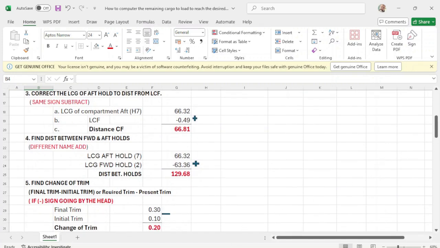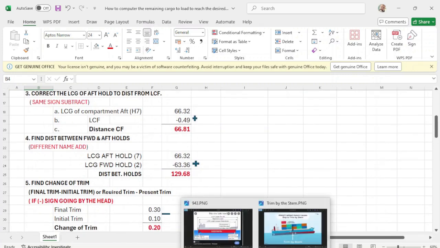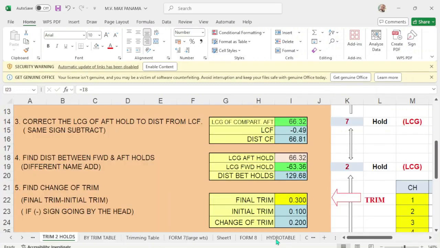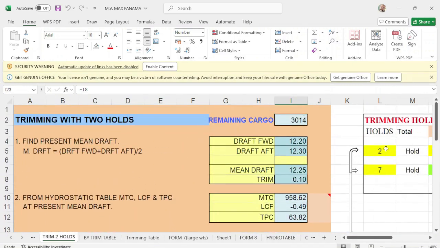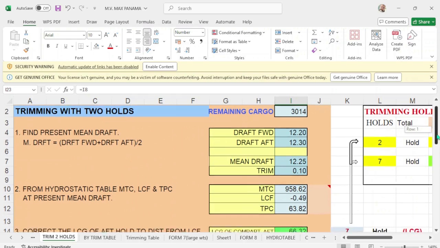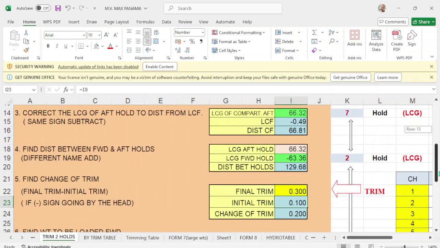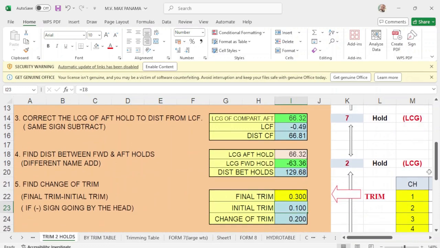And your initial trim is 10 centimeters, which is this one, guys. That will be your final or departure trim of 30 centimeters. Your initial trim is 10 centimeters.